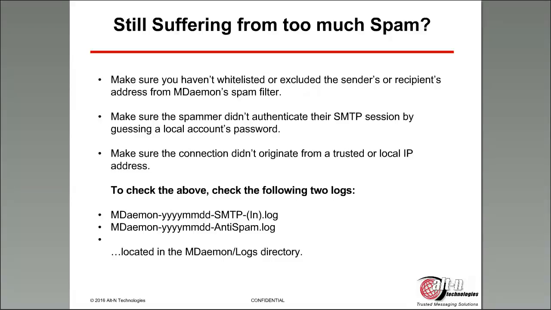And you can check this information by referring to the log files, the inbound SMTP log, the anti-spam log, and I also often would refer to the MDaemon all log file because it has a compilation of all of that activity in one log file.